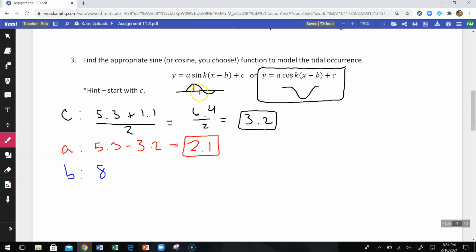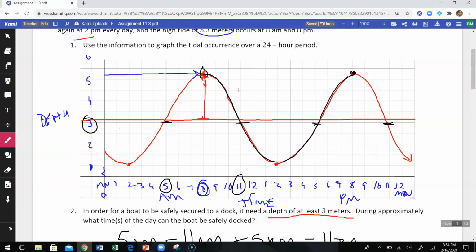Now again, I do need to stress that all of this is going to be different if you choose the sine curve or if you chose a different starting point. I'm looking at this point right here as my starting point, but you could start with this point and do a cosine curve. Or you could start with this point and think of it as a negative cosine graph and look at one period where it starts at the bottom and ends at the bottom.